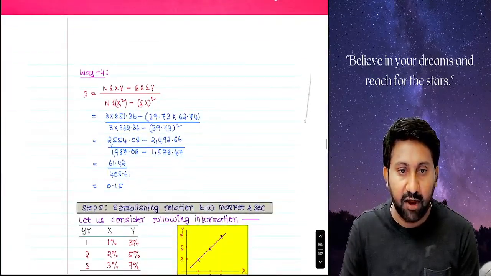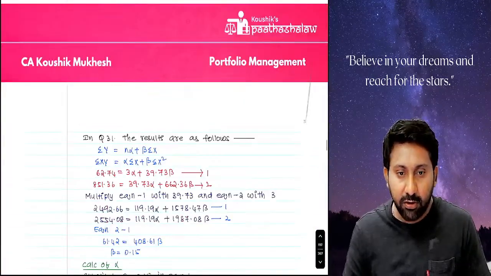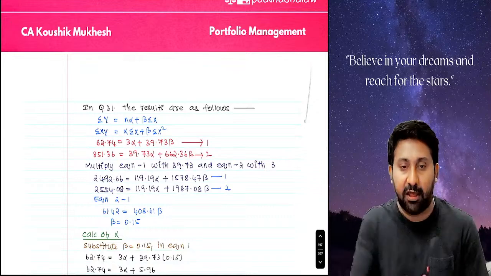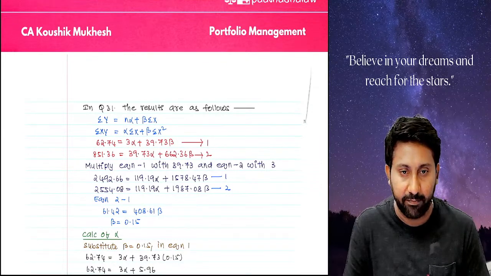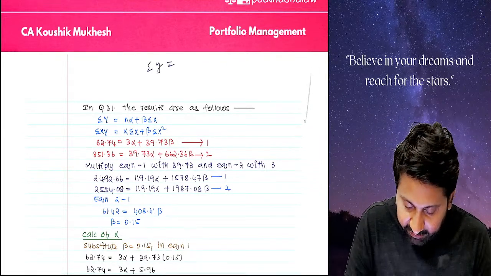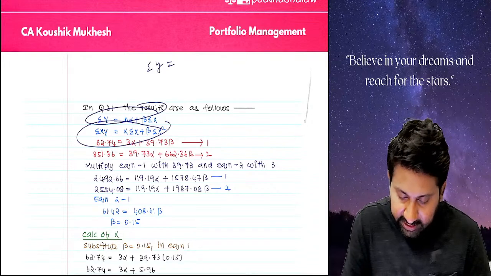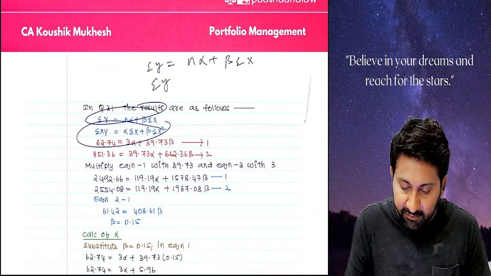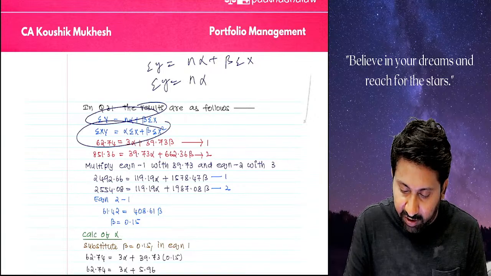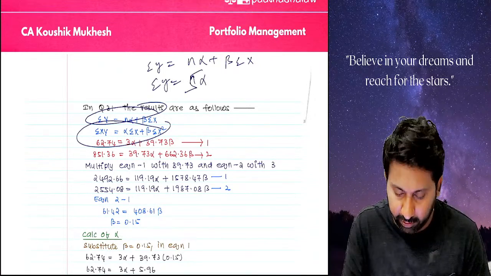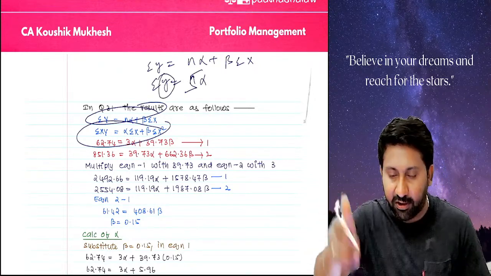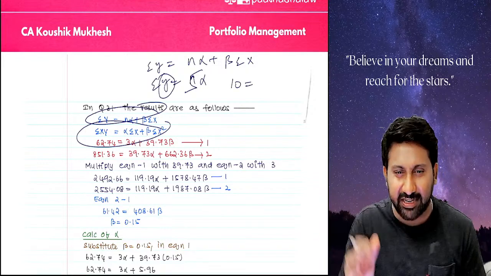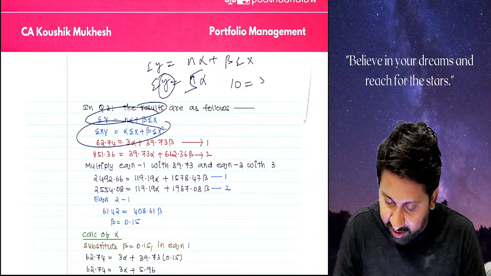Over. After getting the beta, what do we have to do? We have to calculate the alpha. How to calculate the alpha? There is a formula. Take any of these two. Sigma y equal to n alpha plus beta sigma x. N means 5 in our example. Sigma y, the returns of y you will have, so you put the number, say 10. 5 into alpha, we don't know.